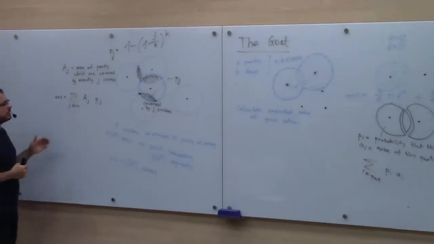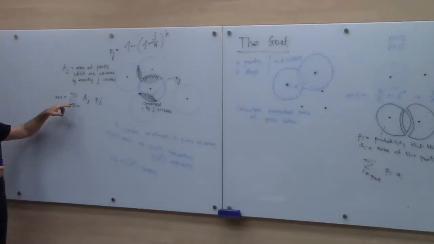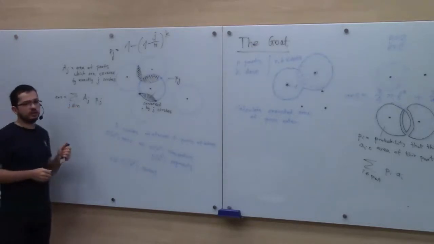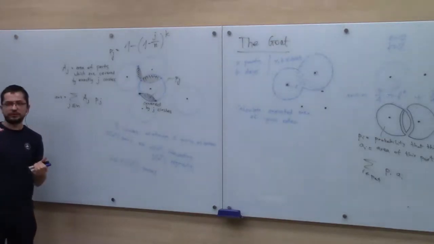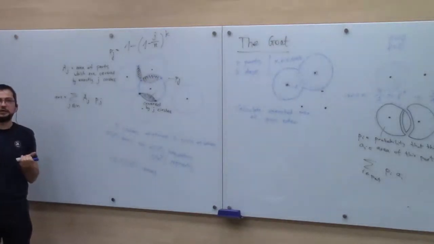Okay, so we still need to find a way of calculating the area of the part which is covered by exactly j circles, and we would like to do this without really constructing the graph. So what algorithms do we know for calculating the area of, for instance, some polygons?